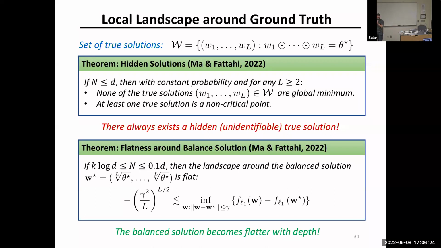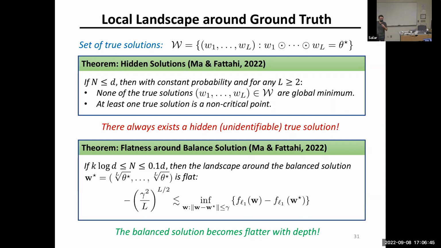And if you focus on only one element, then it turns out that the problem becomes much simpler. In fact, you will converge. That one element is going to be the Lth root of theta star in that one element. Now you go to the second one, the second largest, and use the same argument.